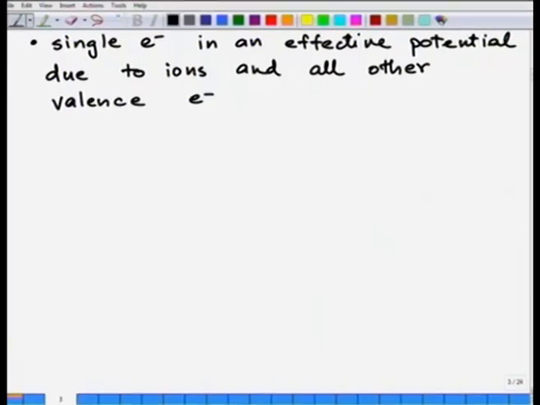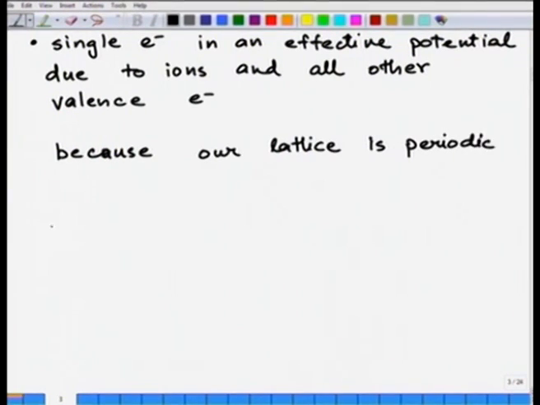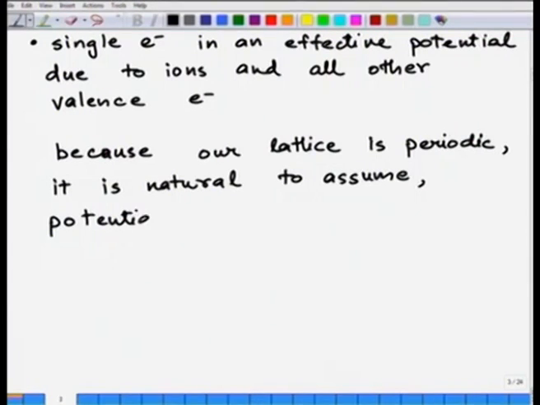So, we will assume the results that come out of this, but what we are interested in is that, notice, because our lattice is periodic, it is natural to assume the potential is also periodic with the same periodicity.